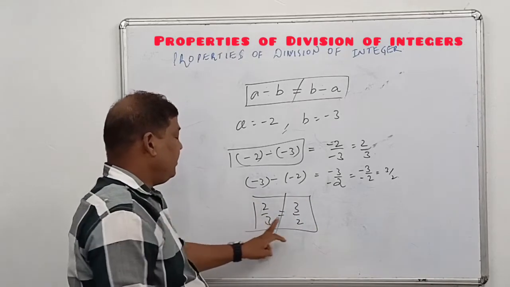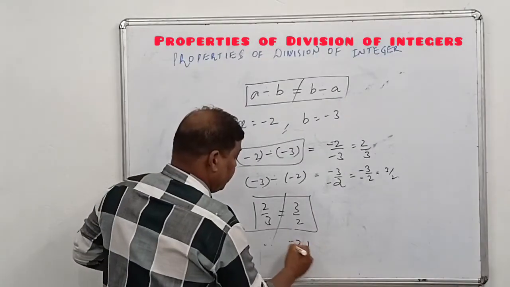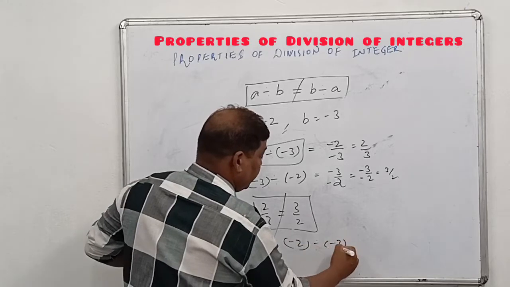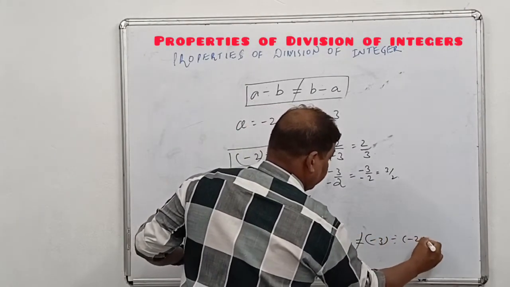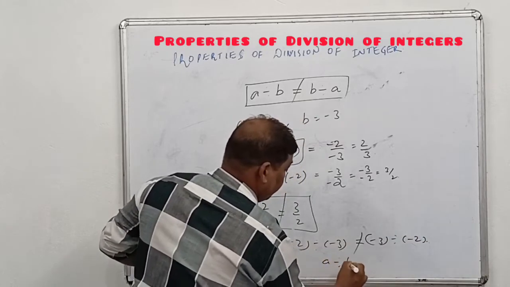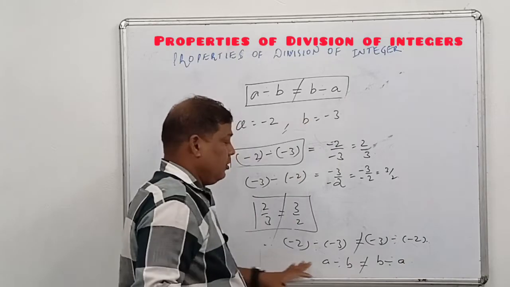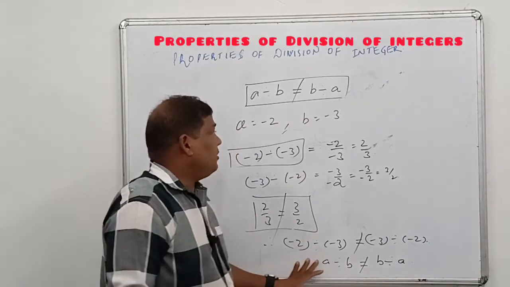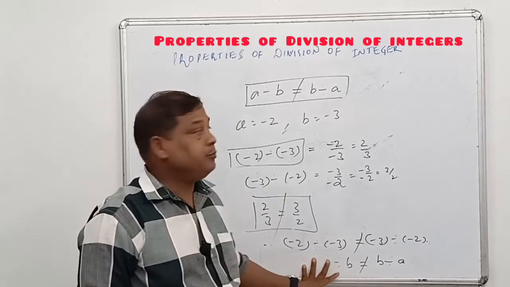Therefore -2 upon -3 does not equal -3 upon -2. That means a upon b does not equal b upon a. So that means it is not a commutative property.